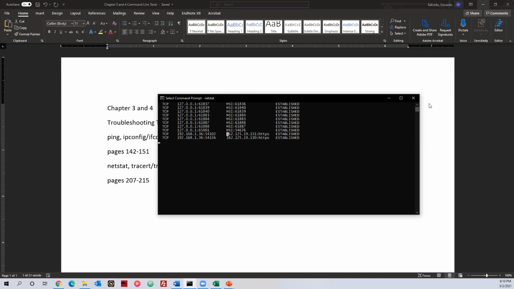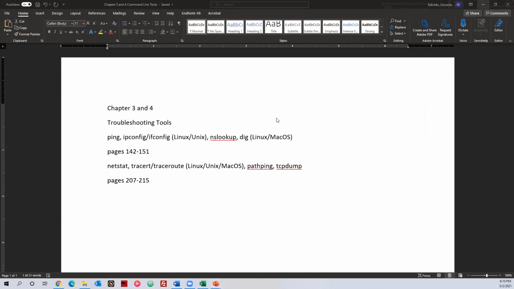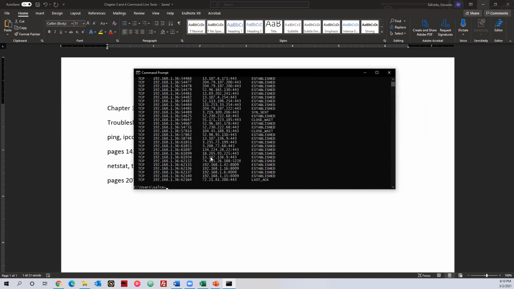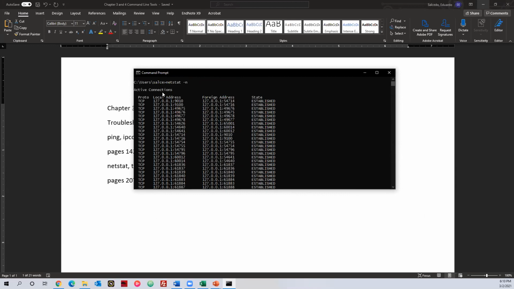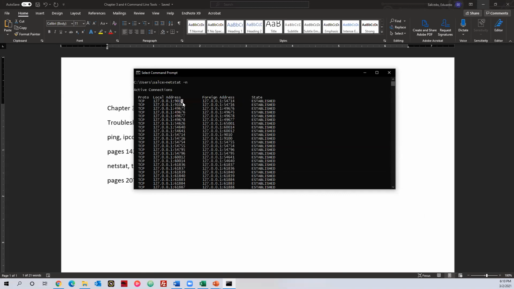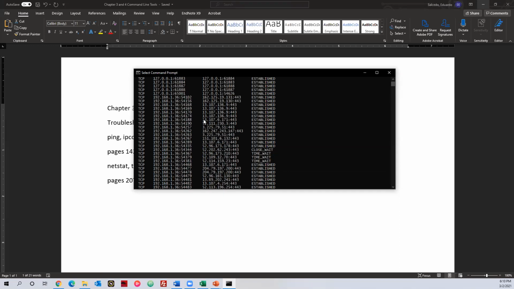These are all the connections I have. So if I do netstat dash n, it tells me what's connected to where, right? So it just gives me a list of connections on my local machine, including the transport layer, which is usually TCP.